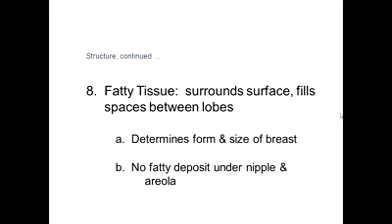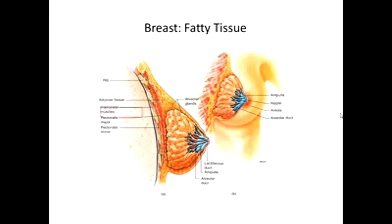There are no fatty deposits under the nipple and areola only, and the rest of the breast contains a large amount of fatty tissue. Here the breast and fatty tissue, the alveolar glands, and adipose tissue can be clearly seen.